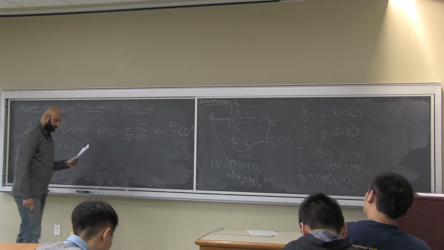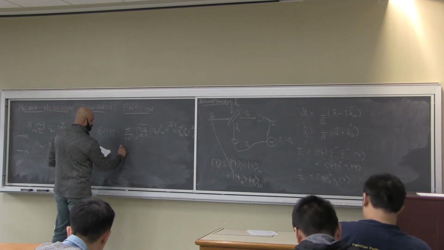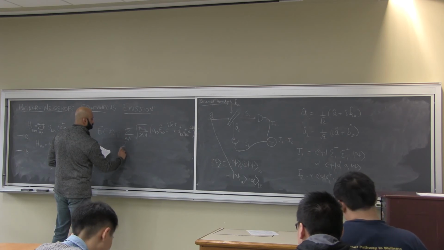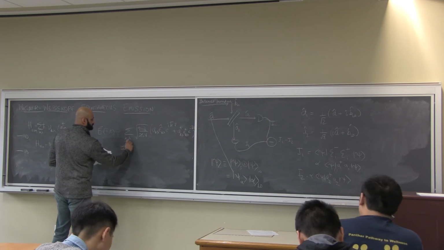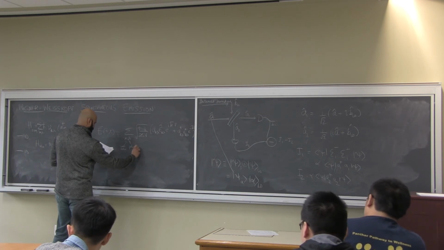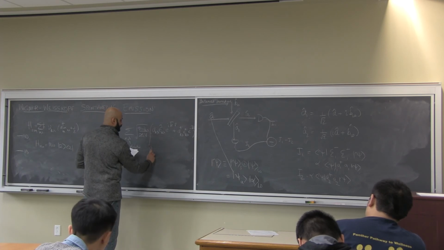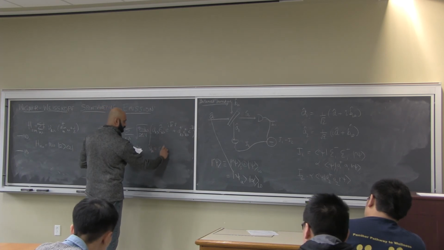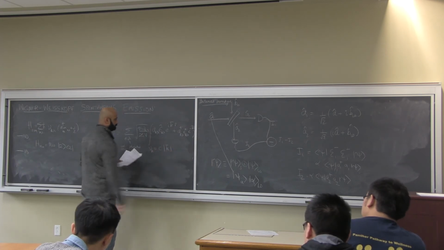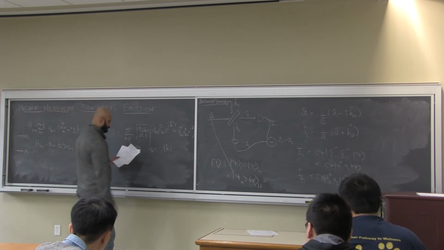Okay. So again, to remind you, k is the wave vector, lambda is the polarization, and nu_k is the frequency. nu_k is equal to c times the magnitude of the wave vector.